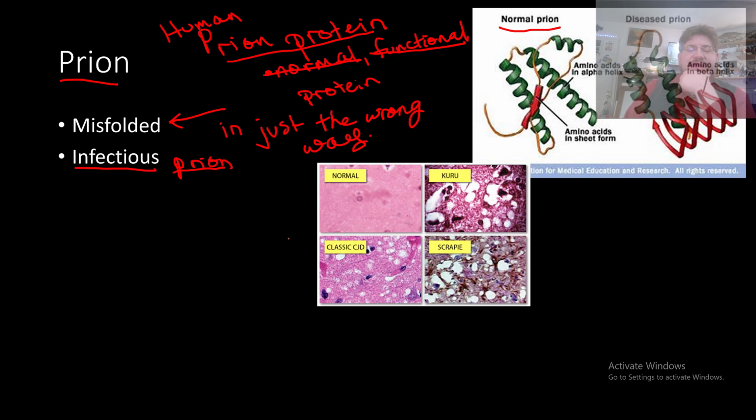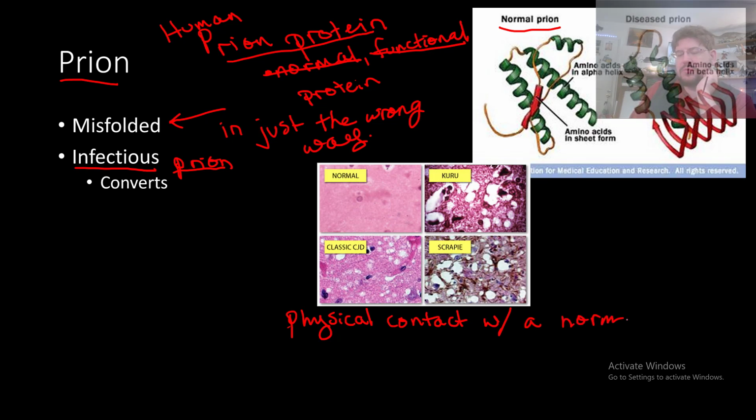And what that means is any time it comes into physical contact with a normal prion protein, it causes the prion protein to convert into an infectious prion.